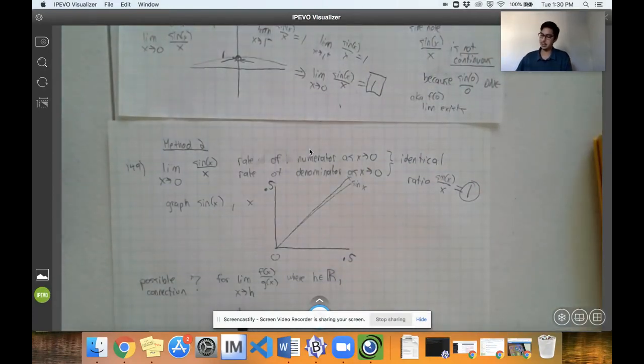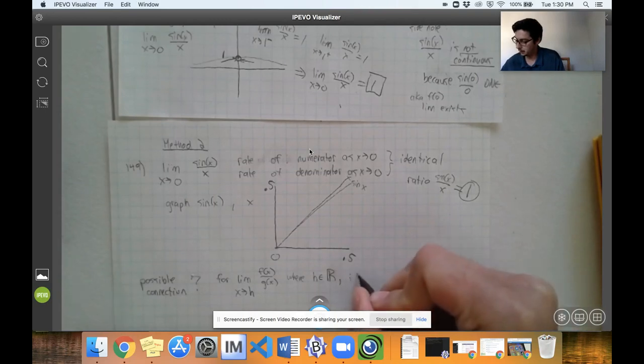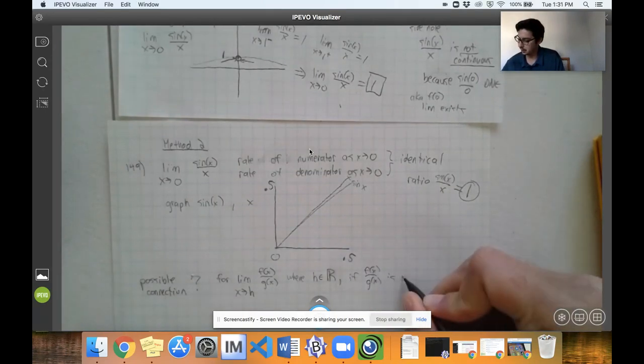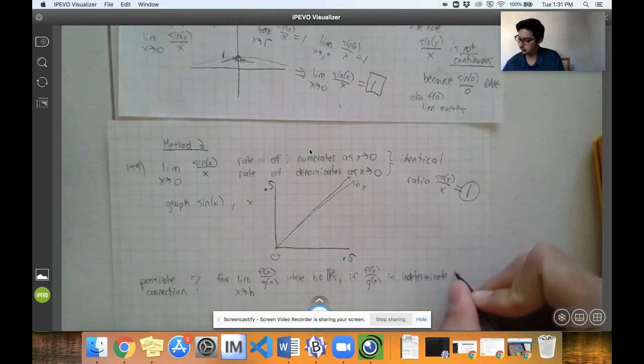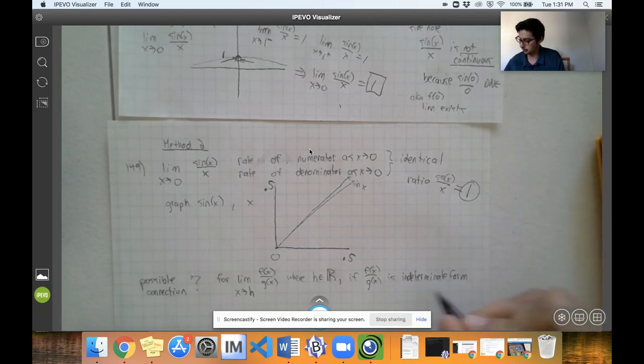So for the limit as x approaches h of f of x over g of x, where h is any number, if f of x over g of x is an indeterminate form for the limit as x approaches h, such as 0 over 0, infinity over infinity, 0 over infinity, infinity over 0.